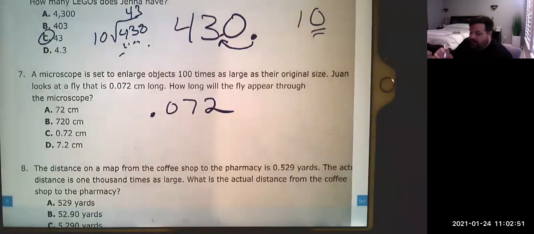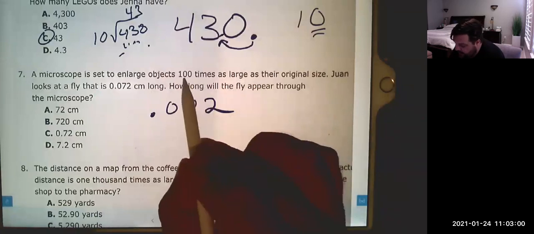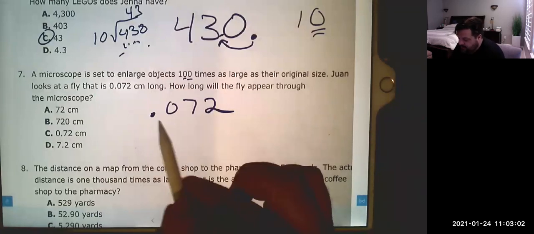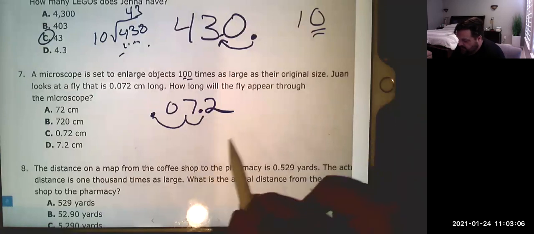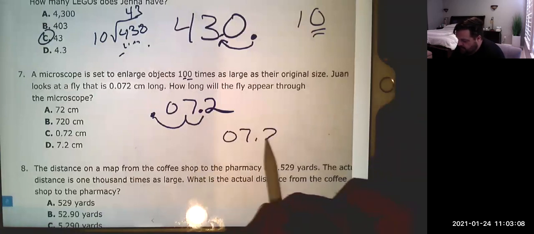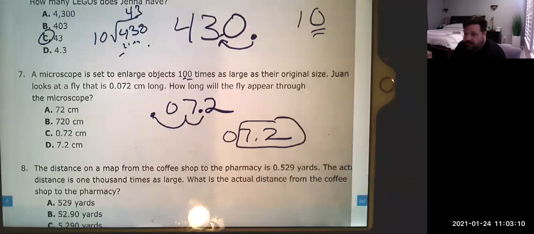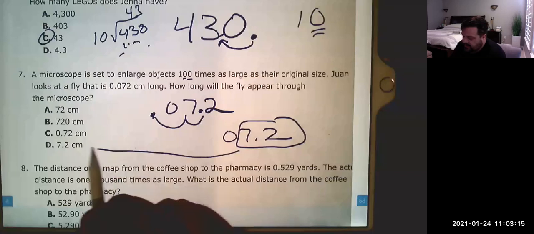We're going 100 times, which means the number is going to get bigger, right? So you have to move your decimal point to the right, and 100 has 2 zeros in it, so you would go 1, 2. And then your answer would become 7.2 essentially, right? So your answer for this one would be D.